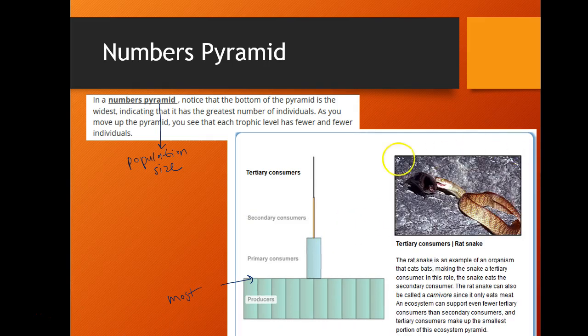So in the same pattern, we have the least amount of tertiary consumers. And remember, the tertiary consumer was the rat snake, the one that fed on the bats. As you see, as we go up each trophic level, there is only a fraction of the population size of the previous trophic level.